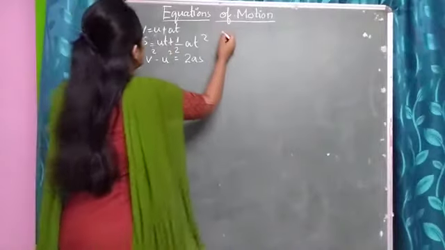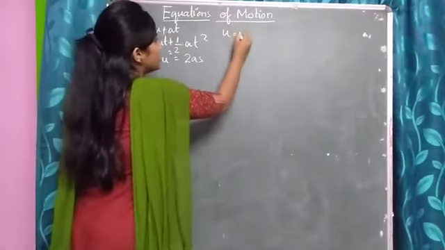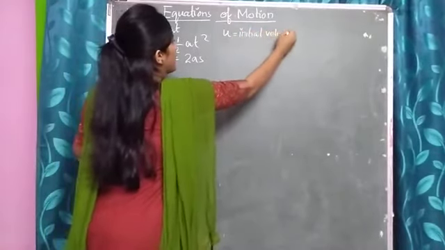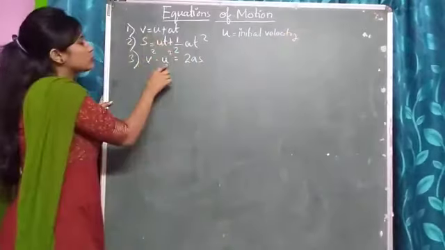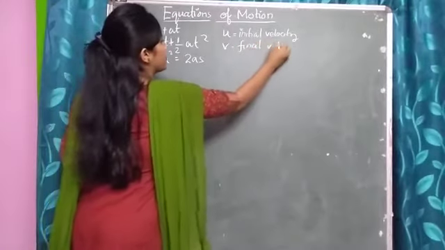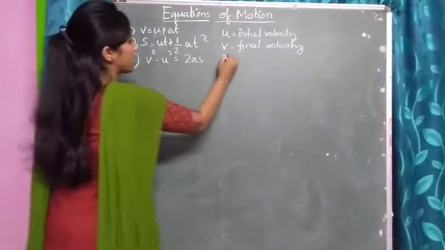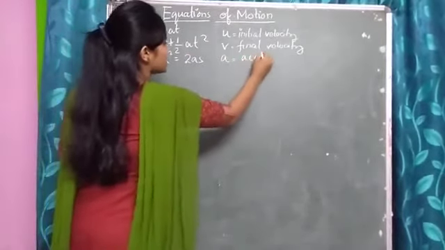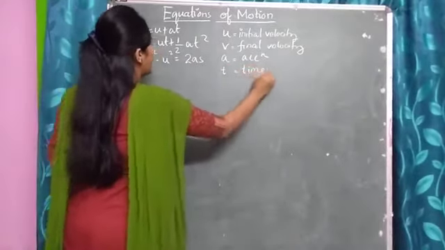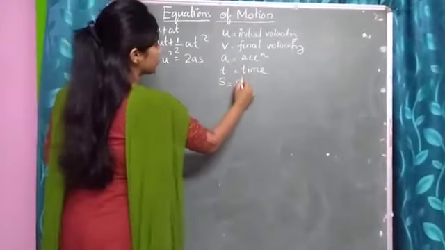So first I will write U is initial velocity, and in this equation I have used V. The V is your final velocity, and A is acceleration, and T is our time, and another term is S. So S is your displacement.